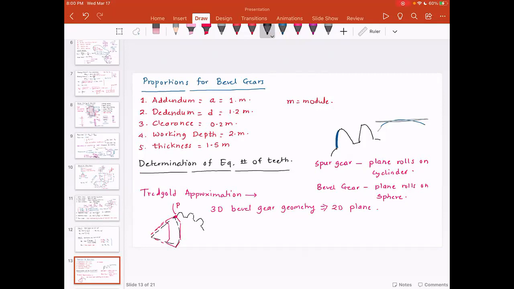If you want to find the equivalent number of teeth for the bevel gear, and you have the actual number of teeth, you divide that by cosine of the pitch cone.